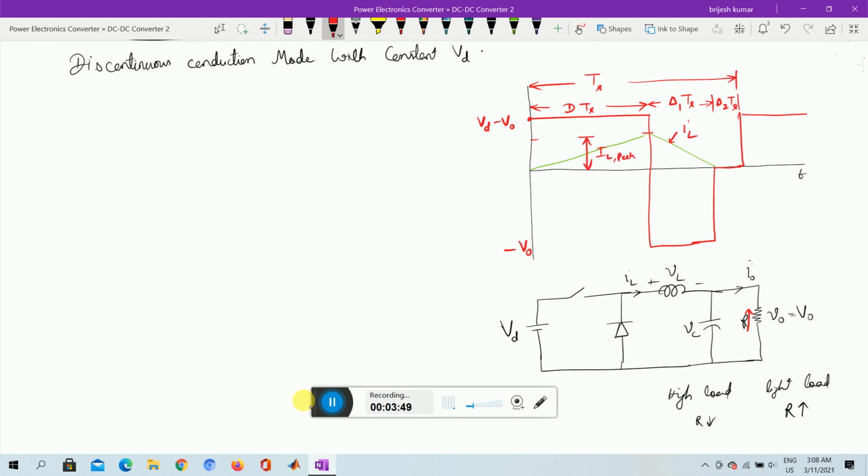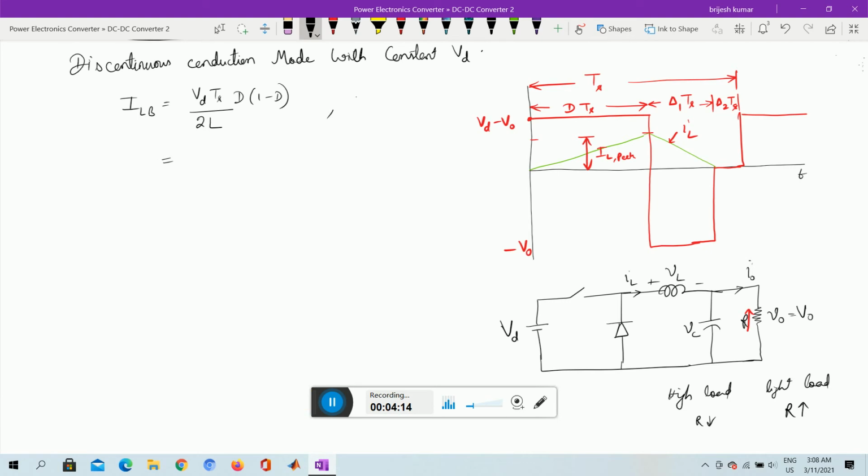For the boundary condition we can write the boundary value ILB as VDTS by 2L times D into 1 minus D. Also we can write this in terms of the maximum value.